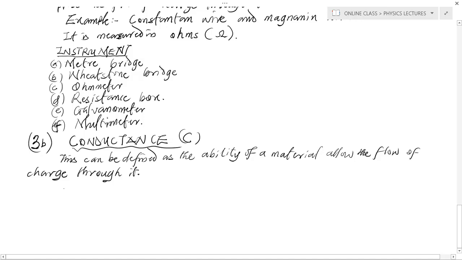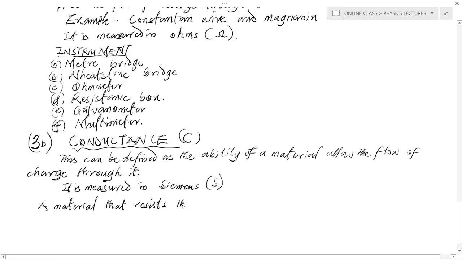Now, this one, we have conductors like metals, many like that, but it is measured in Siemens, symbol S. So now here, let's note this, that a material that resists the flow of charge through it is called a resistor.